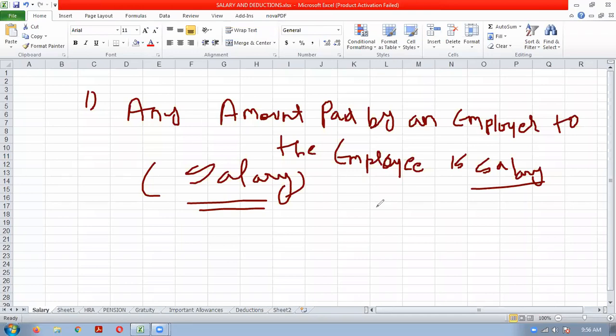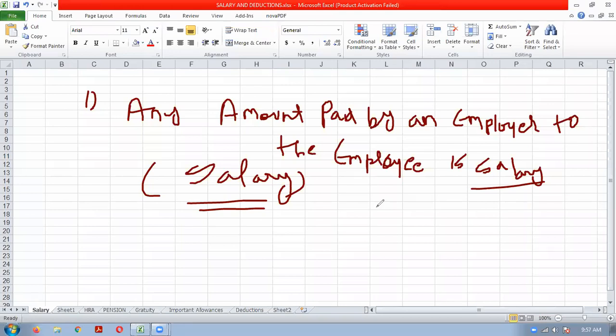Not only amount, but if he is giving something which is of monetary value, it will come under salaries. There are various perquisites under the Income Tax Act. Like if he is giving accommodation to his employee, it will also come under salary.